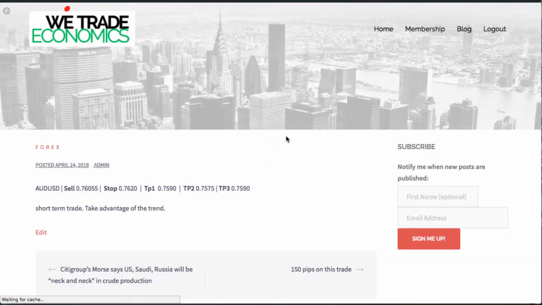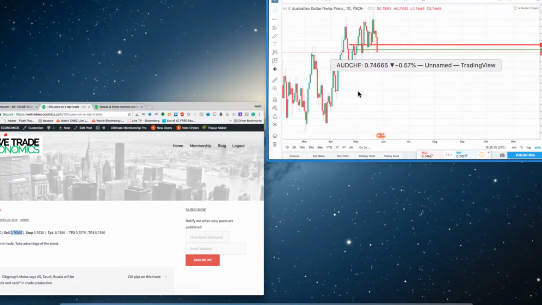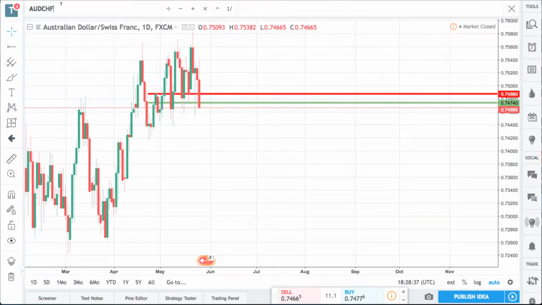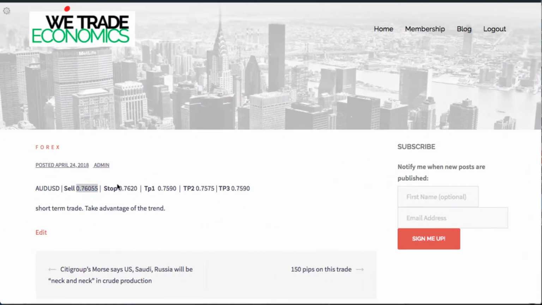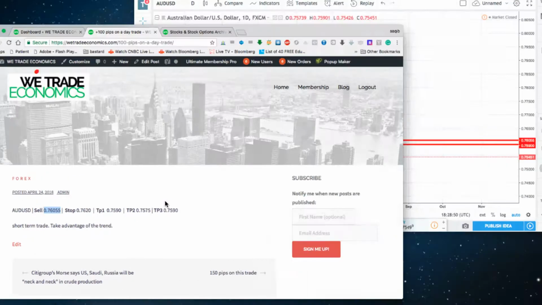On a day trade, let's see. So Aussie dollar sell position on the 24th, 25th. This was the 24th.